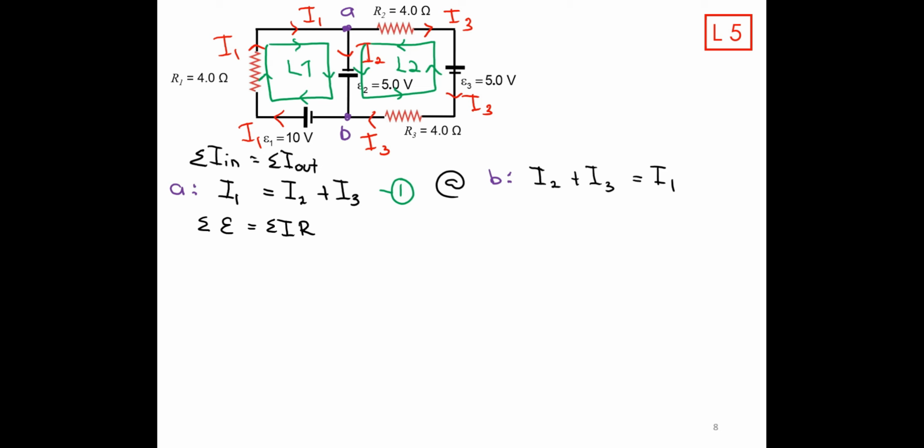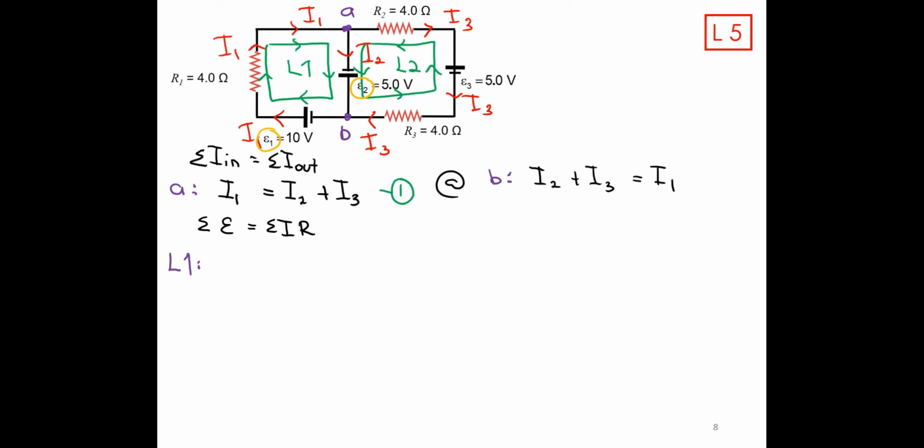Now, for loop 1, we have two EMF, EMF1 and also EMF2.